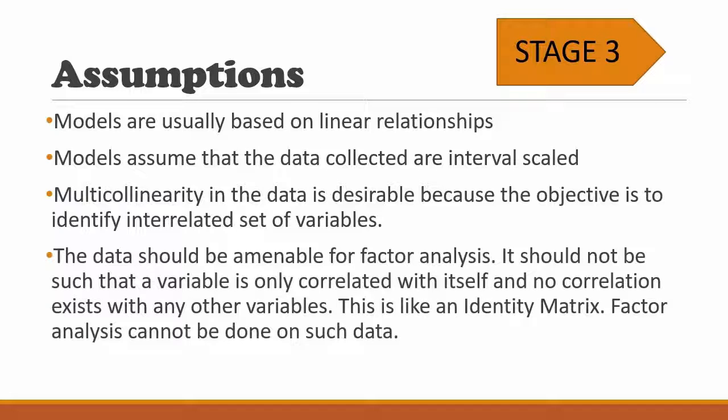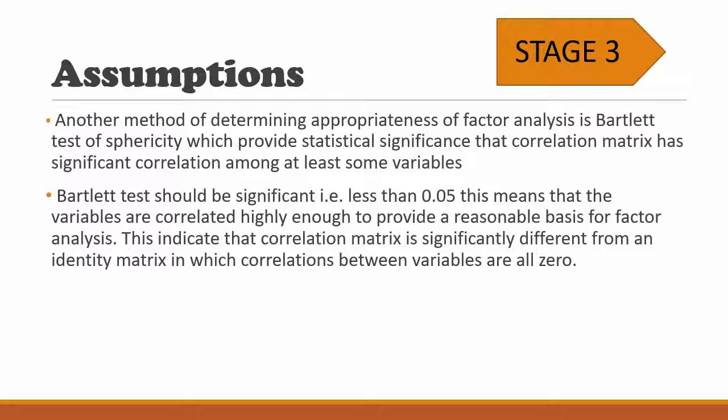The data should be amenable to factor analysis. It should not be such that a variable is only correlated with itself and no correlation exists with any other variables. Another method of determining appropriateness of factor analysis is Bartlett's test of sphericity, which provides statistical significance that the correlation matrix has significant correlation among at least some variables.